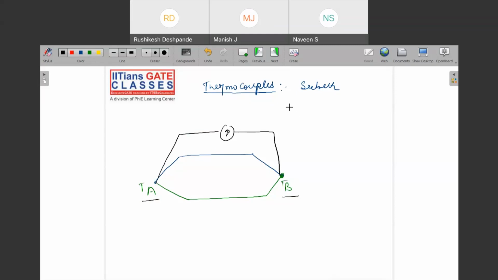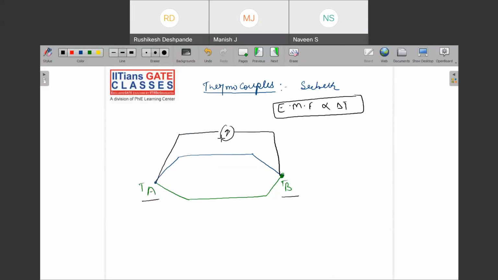So every time we need to find out what delta T is. Here your EMF, your electromotive force, is directly proportional to delta T. So if you know this EMF, you will know your change in temperature. That is why I have drawn it with two different things: two different metals meeting at two junctions at two different temperatures.